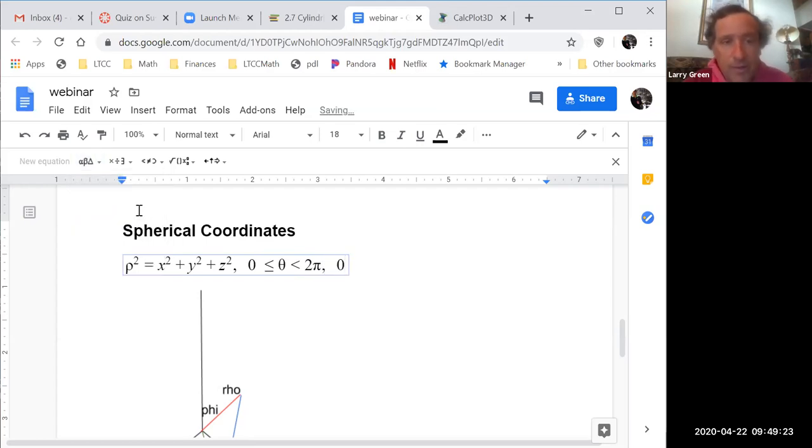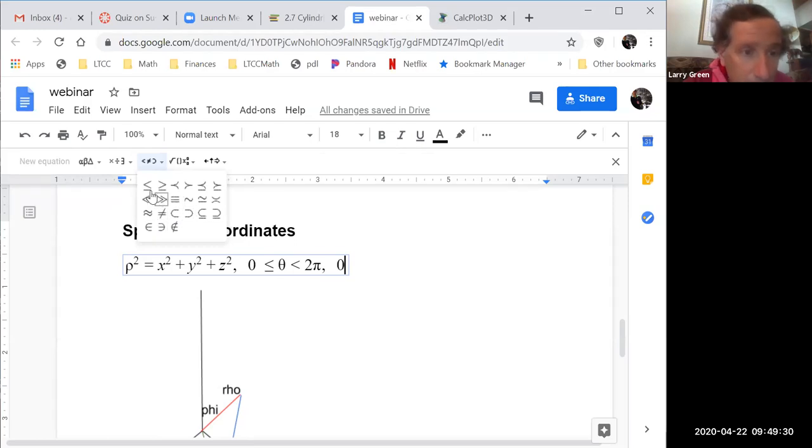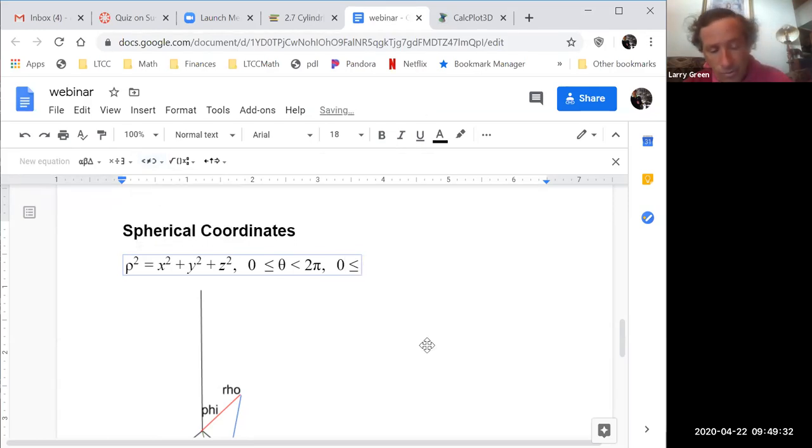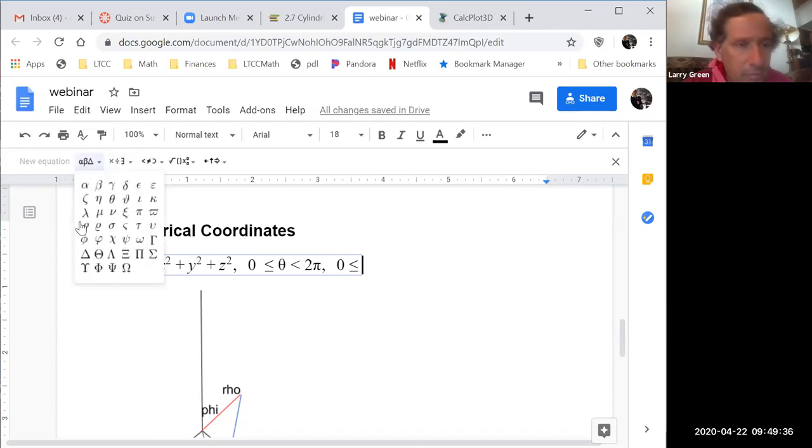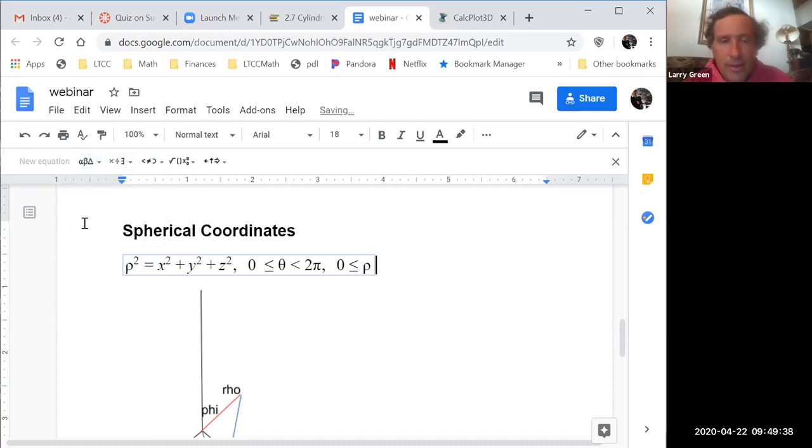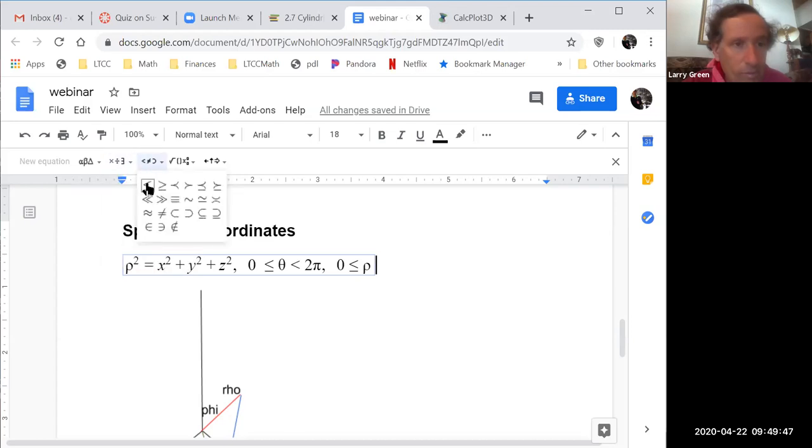And 0 is less than or equal to rho, which is less than or equal to pi.